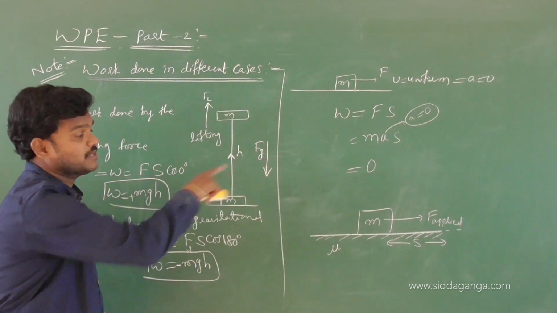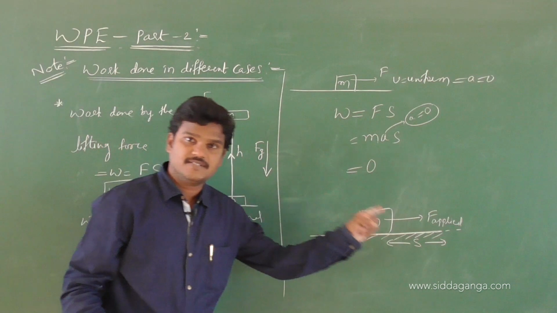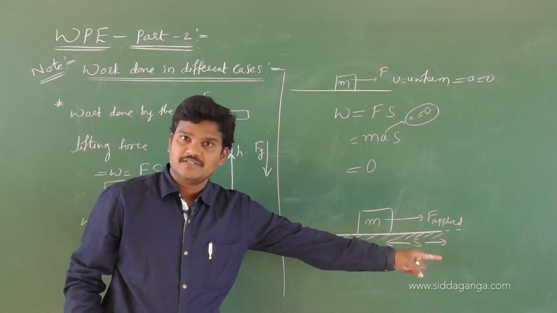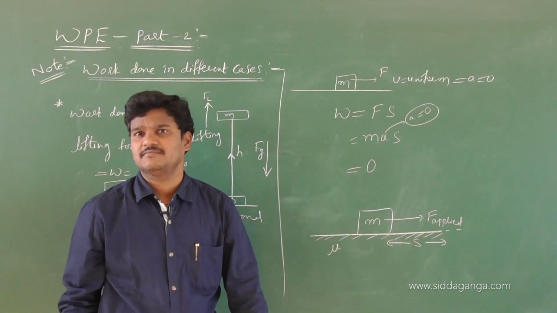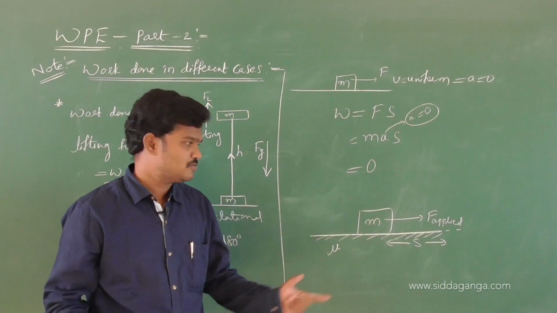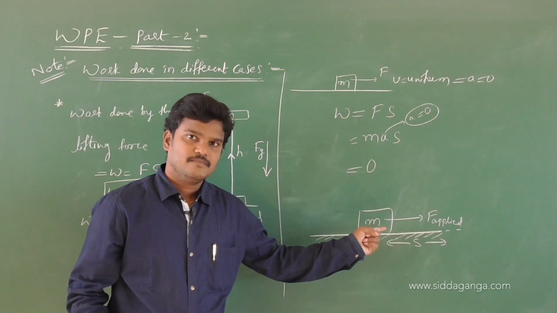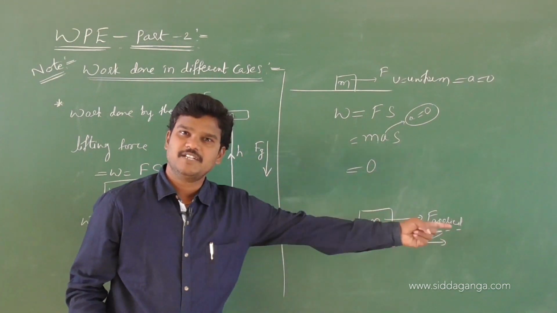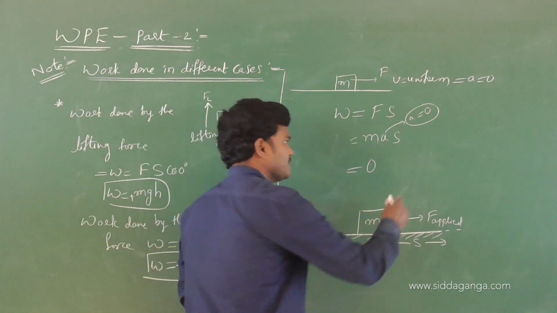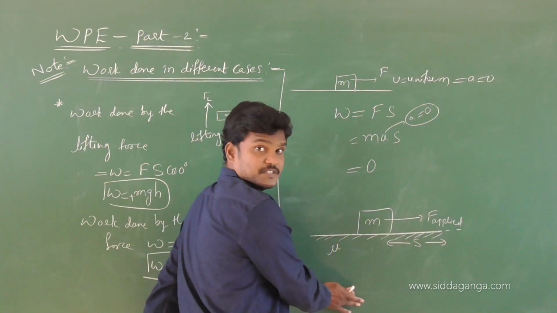By the applied force I am asking. Applied force is to the right side, displacement also right side. Angle between them how much? Let me write here because the space is not sufficient.